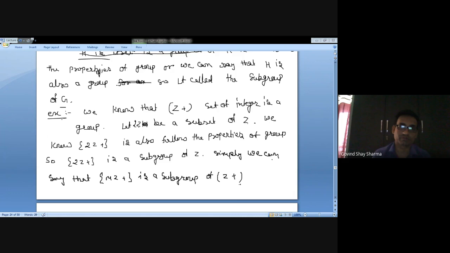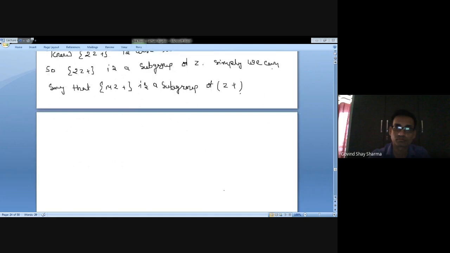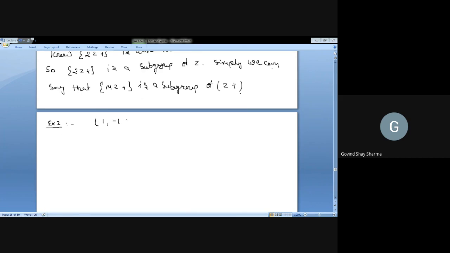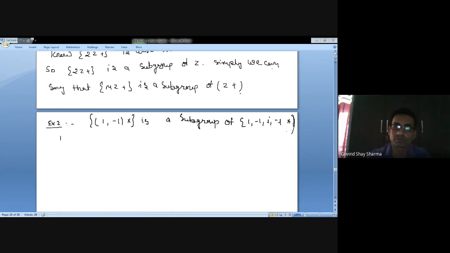Second example: H equals {1, -1}. H is a subgroup of the nonzero numbers under multiplication, not addition.